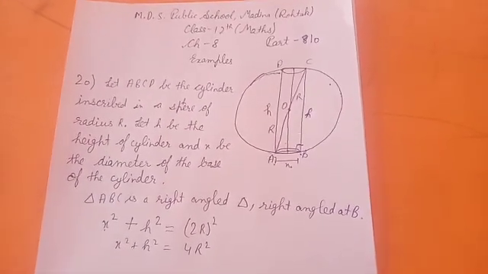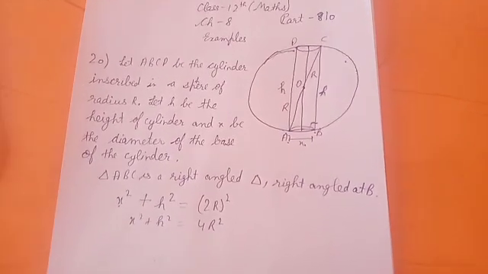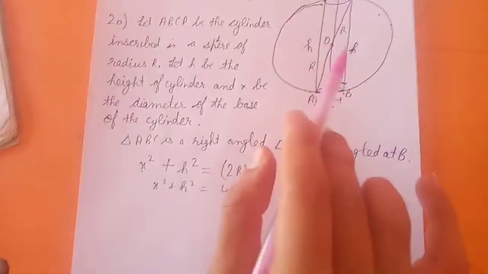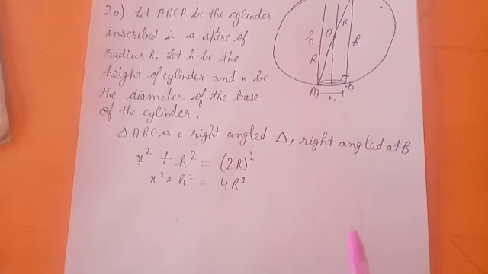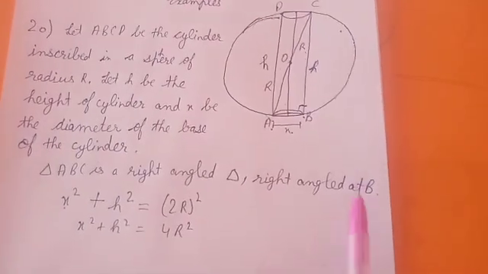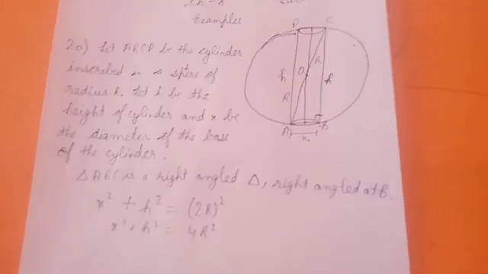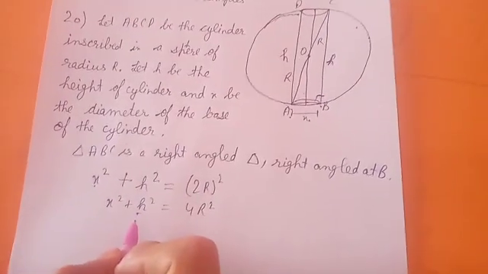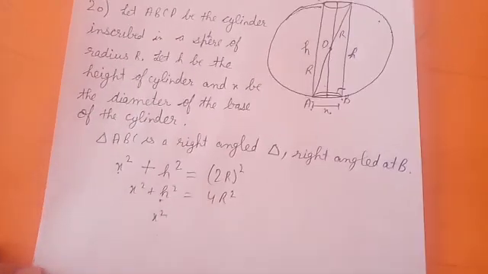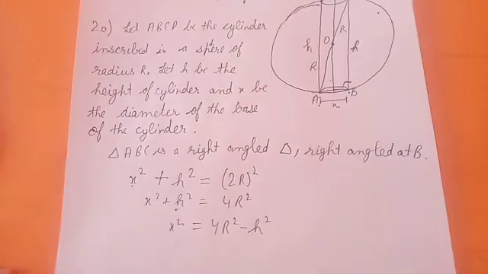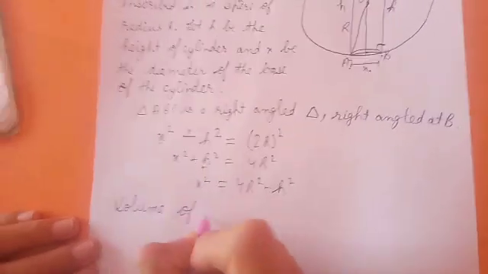Okay. Now what we have to find of the cylinder? We have to find height, and if we have to find height, we will convert all of our equation in the form of h. So from here we will find the value of x square. Our x square will be 4r square minus h square. Now the volume of the cylinder, this thing we have to find out.